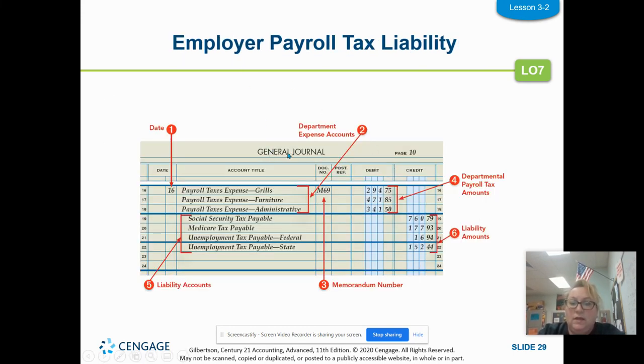Notice this is just in the general journal, because remember we're just setting that money aside. So this is the payroll tax portion for grills, furniture, and administrative, and these are our totals for all of those. These debits have to equal these credits. So these numbers here are based off of those numbers.